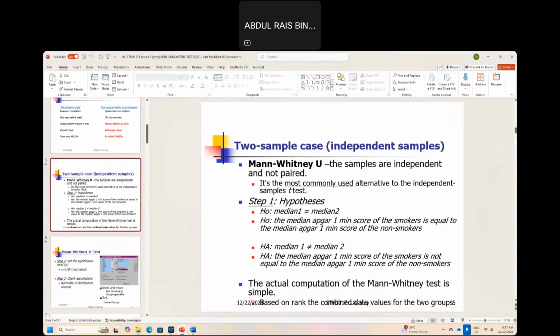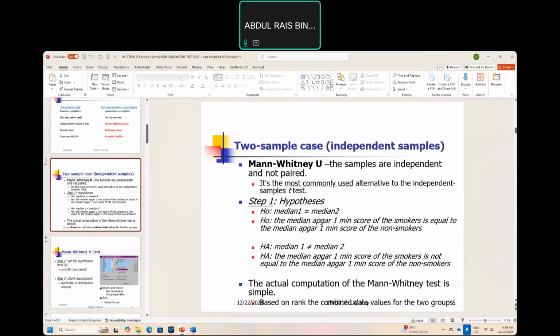Okay, this is how Mann-Whitney-U analysis is done. So first kita akan state the null hypothesis and of course the alternate hypothesis lah.